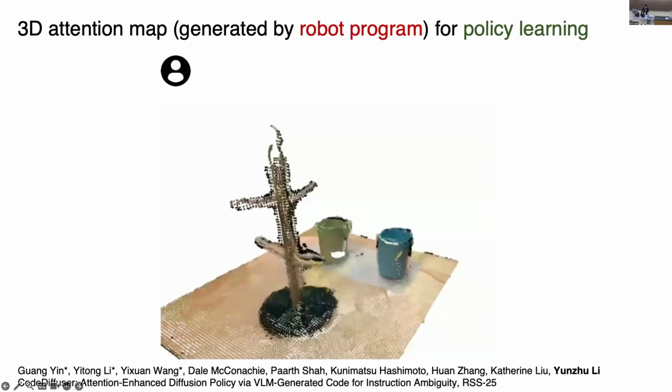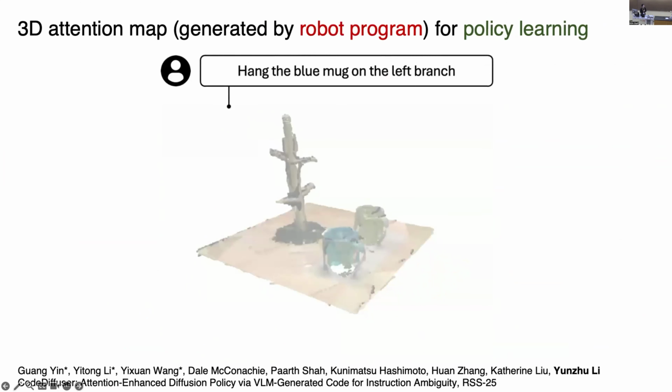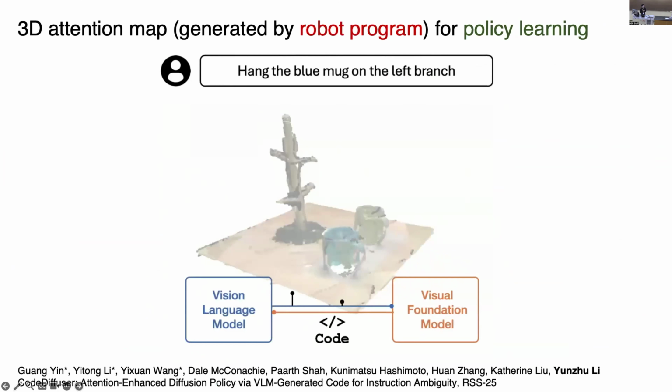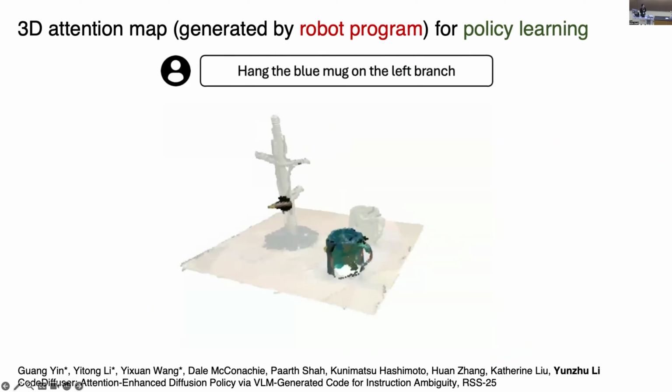We take a similar framework, but ground everything using large language model generated code, where we have language instructions and visual observations. The code highlights relevant regions of the environment, and those highlighted regions are used as a condition to guide the execution of these low-level policies.